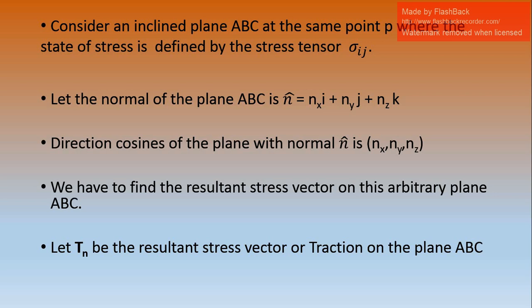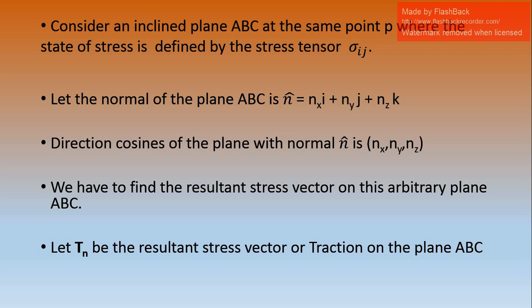That is, we know the values of sigma xx, tau xy, sigma yy, tau yz, sigma zz, tau zx, etc. Let the normal of the plane ABC be the unit vector n, with components nx i, ny j and nz k. According to the definition of direction cosines of the plane with the normal n, nx, ny and nz are known as the direction cosines.